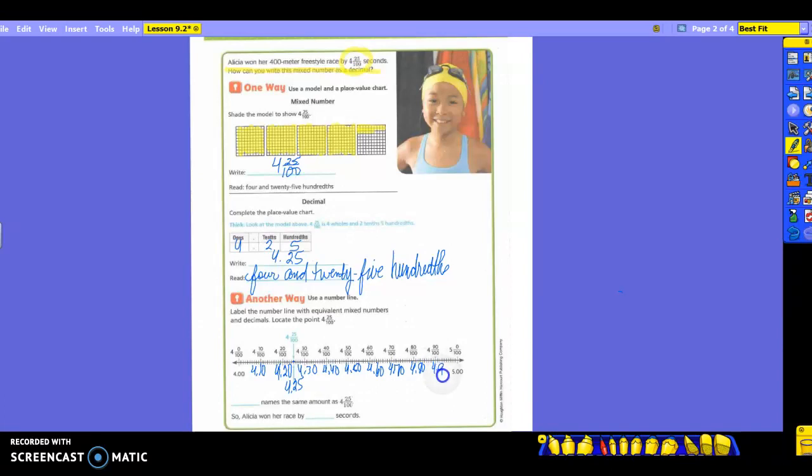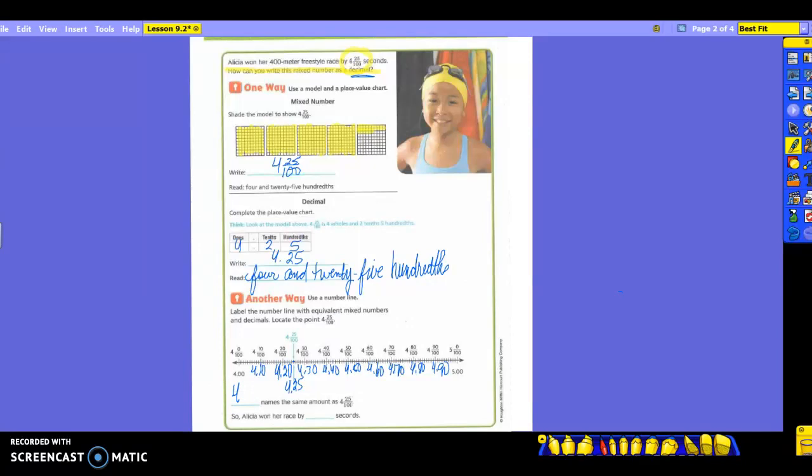Do we see patterns along here? So, what names the same amount as 4 and 25 hundredths? I want to write it as a decimal, right? Because that's what it asked me up here. So, we're writing it as a decimal. So, how do I do that? Say it out loud. 4. What do I put in here?